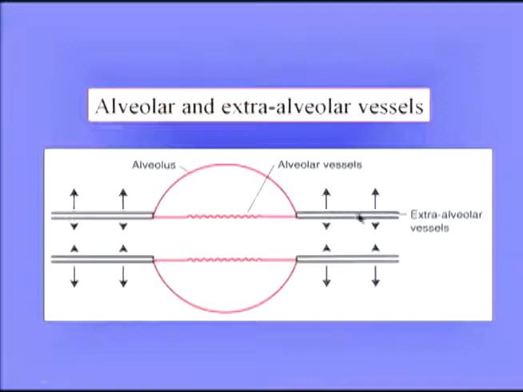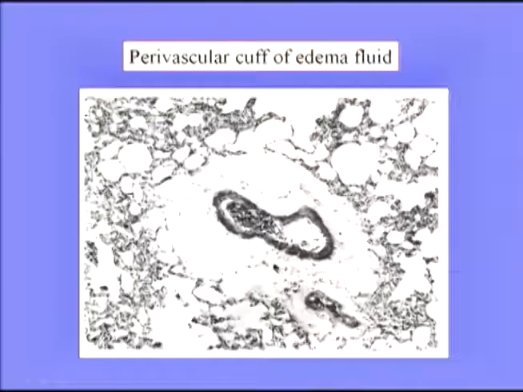I think you can see that the pressure in this perivascular space is going to be low. It's rather like the sump of a car engine where the oil collects. This is a sort of sump, if you like, of the lung. And that's the reason why, if we get interstitial edema, we get a cuff of edema fluid around a small blood vessel, in this case in fact two of them here, or a small airway.